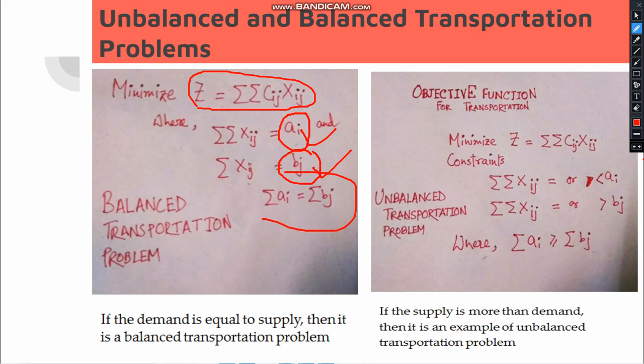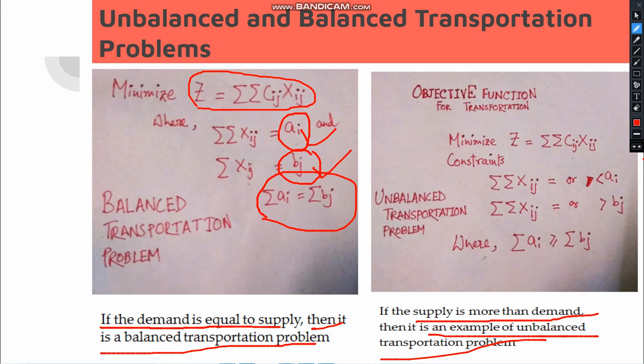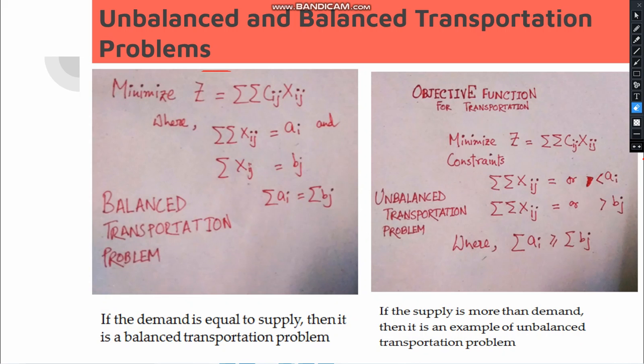So when summation of ai becomes equal to summation of bj, then we can say supply and demand are balanced. If the demand is equal to supply, then it is a balanced transportation problem. If the supply is more than demand, then it is an example of an unbalanced transportation problem. Okay, so I hope you have understood what we mean by balanced and unbalanced problems.